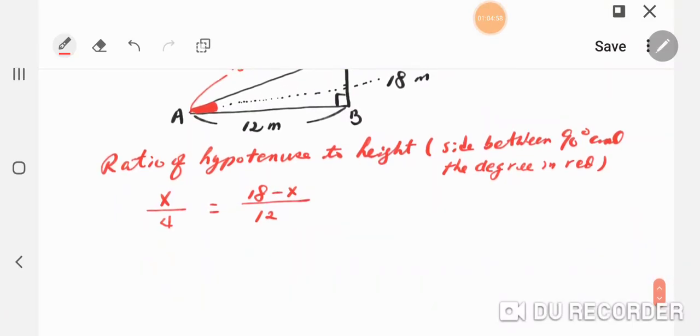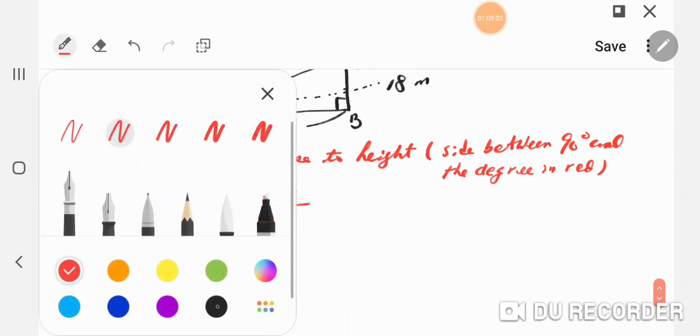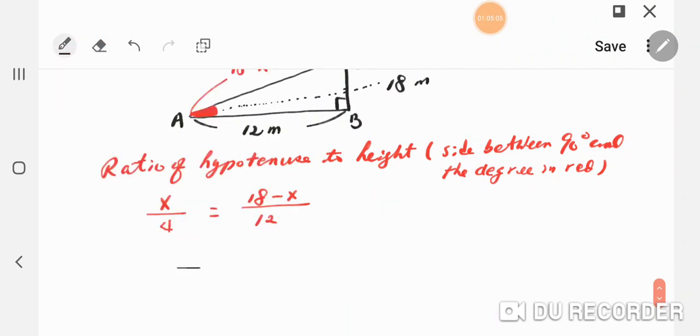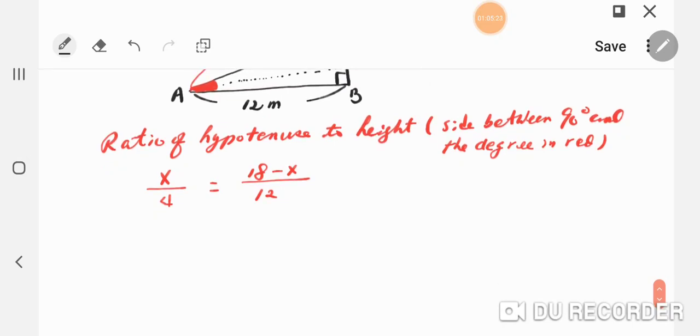So we have an equation. Using this equation, let's find x. We could multiply each side by 4, but let's just cross multiply.